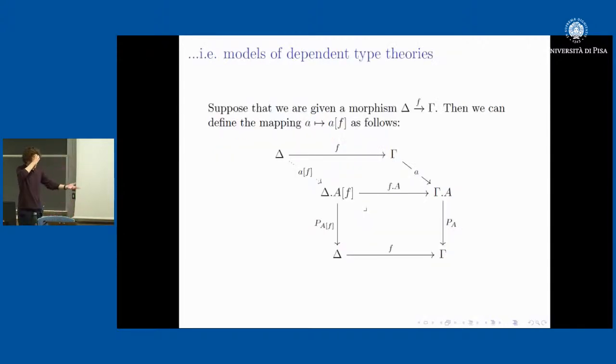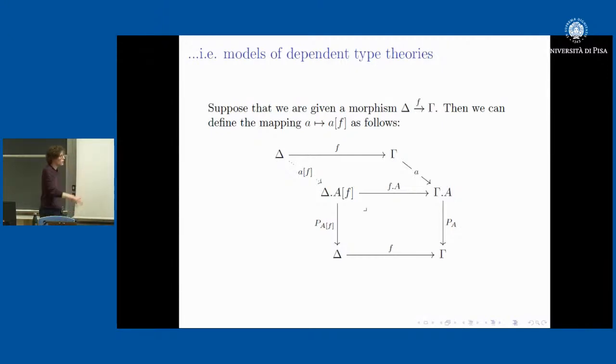Categories with attributes are models of dependent type theories, because you can really extend the substitution to terms. If you are given a section a of a given display map, p_A, so a semantic term a of a type capital A, then there is a unique section a of p_A f making the upper square commute. And we define a of f to be the substitution of a given morphism of contexts f inside the term a.